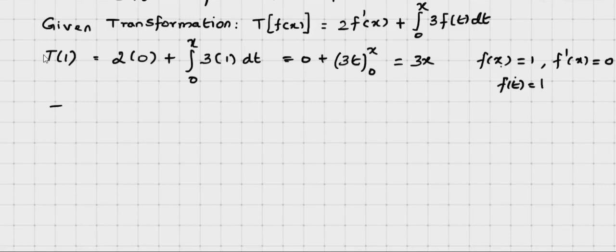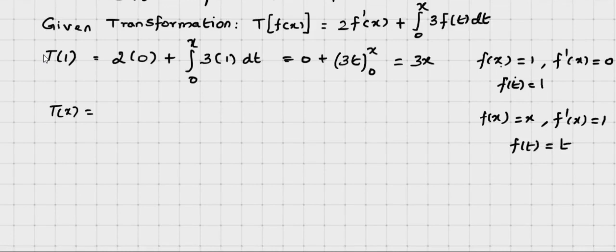The next, T of x. The procedure is I have to apply the linear transformation to each and every vector of the basis. Our basis is 1, x, x square. So, I am finding T of 1, T of x and T of x square. Now, here what is f of x? It is x. So, what will be f dash of x? Its derivative is 1. And what will be f of t? It is t.